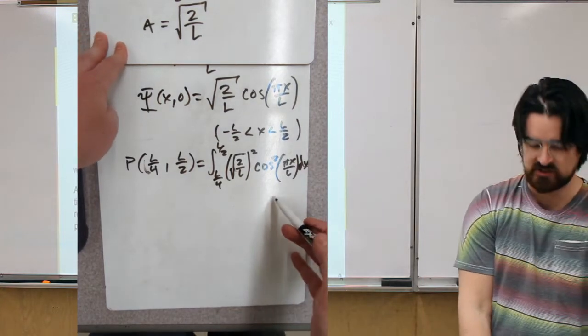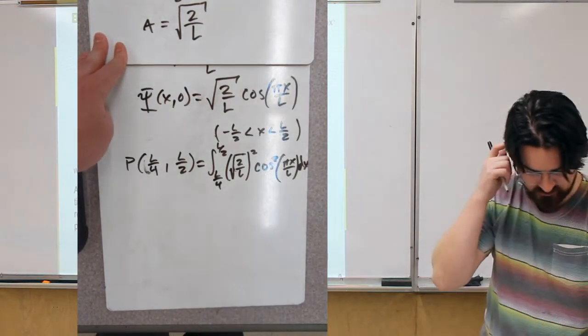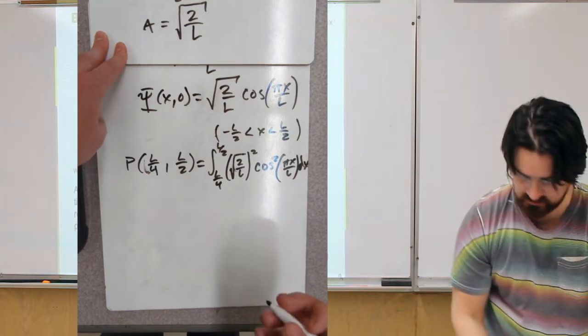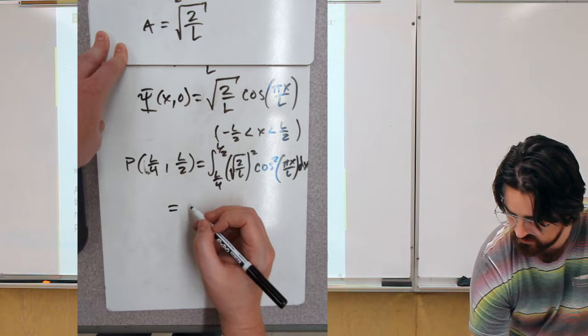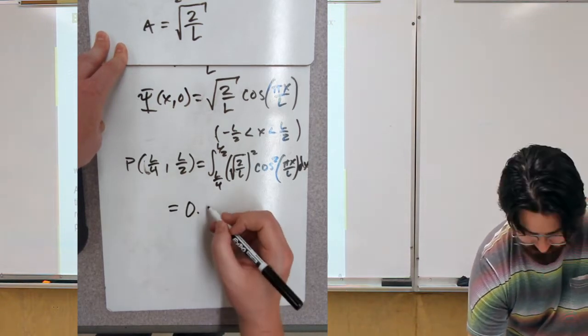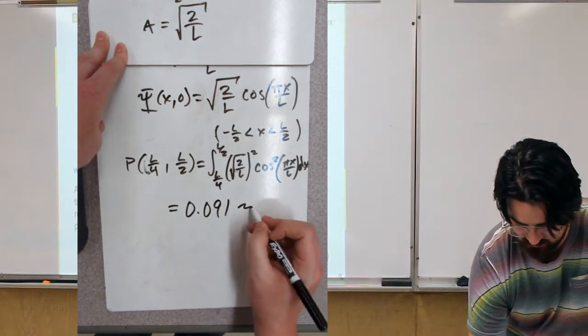And again, you see it's a very similar integral to the one we had before. We go through the same process here. This ends up being 0.091, or about 9%.